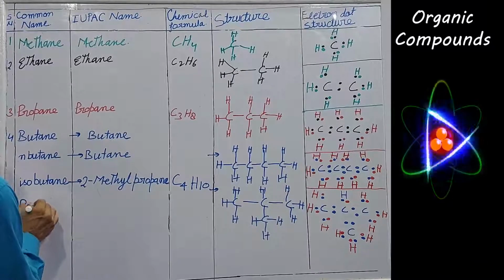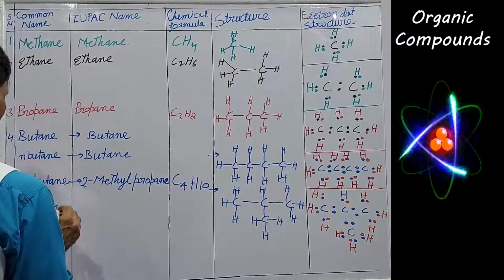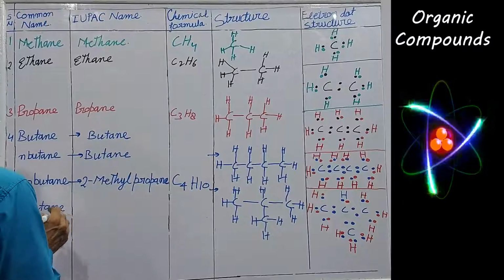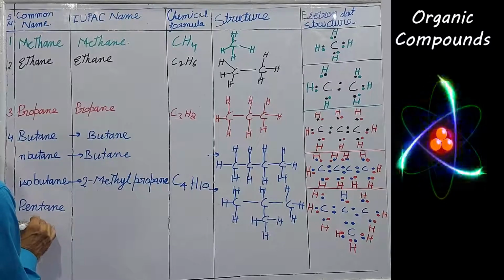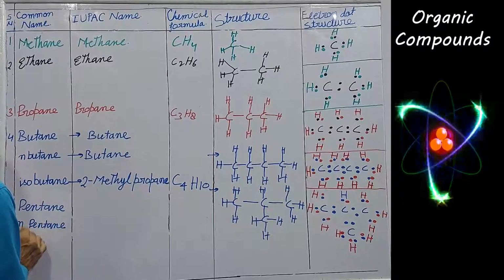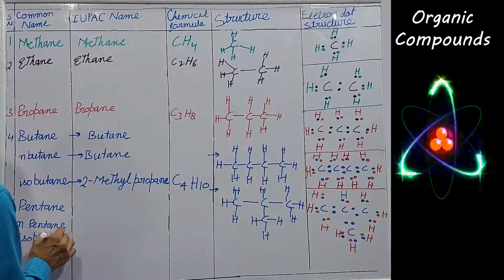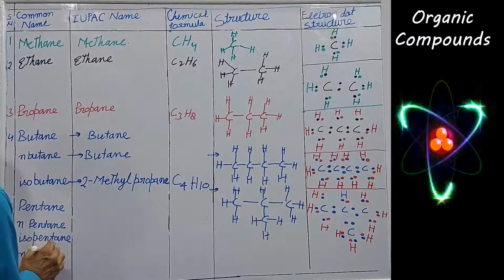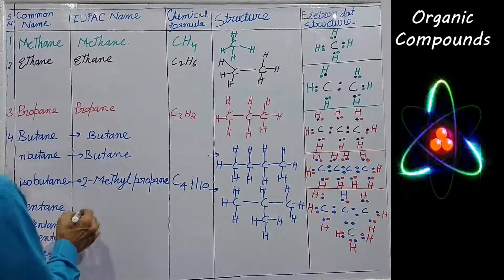Then 4 compounds I have made here, and one more, number 5, is pentane. There are 3 isomers: normal pentane, isopentane, and neopentane. All have the same formula.